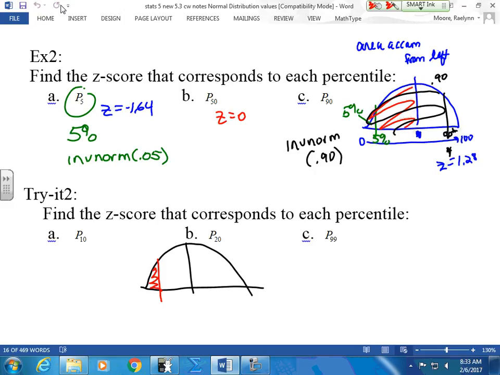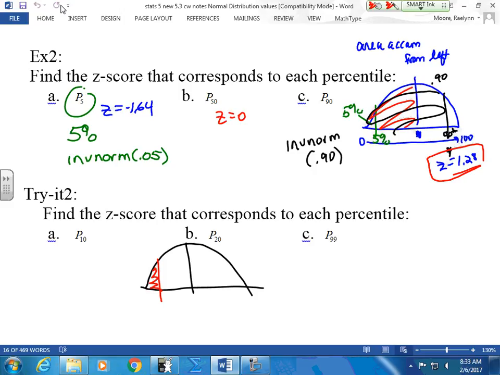Without even using your calculator, could you get the answer for this? Did we do one that could help you out a little bit? Miranda, you see it? Negative 1.28. Oddly, this was positive 1.28 when I wanted 90% of my curve to the left, right?